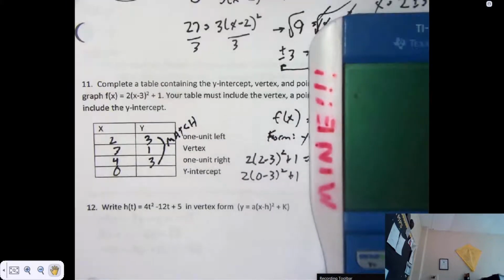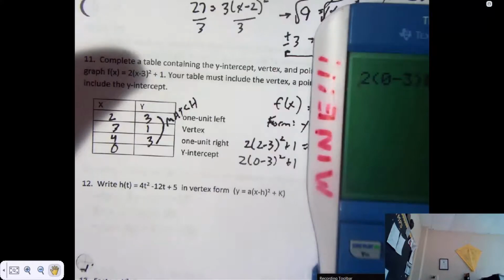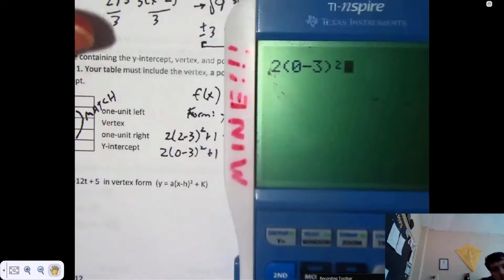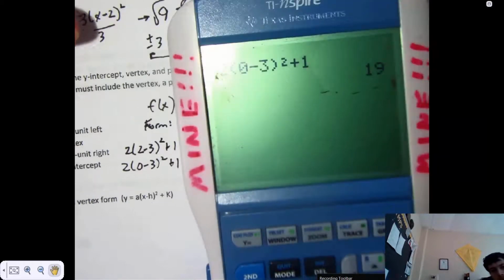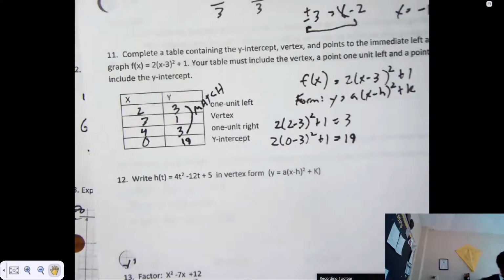If you can't do it, you take out your TI-84, you type in exactly what it says, and quit doing that hunt and peck on a calculator keypad like you ain't ever used one. It doesn't take 10 minutes to type that in. It's 19. There's your table.